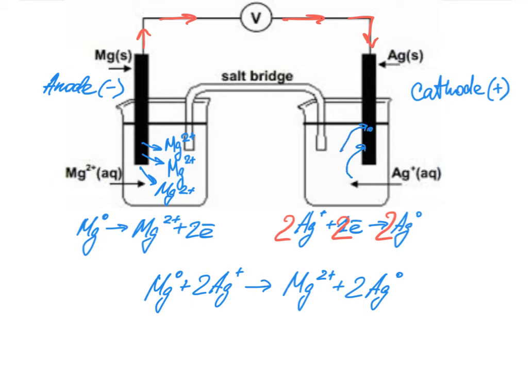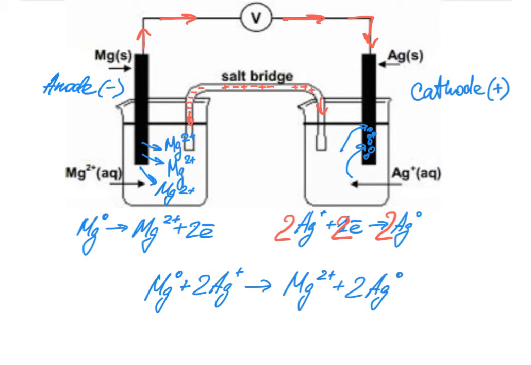Based on this, we can expect buildup of the positive charge here and buildup of the negative charge here, which helps us to predict the flow of positively charged ions towards the right jar over here and the flow of negatively charged ions in the salt bridge towards the left side of our voltaic cell.